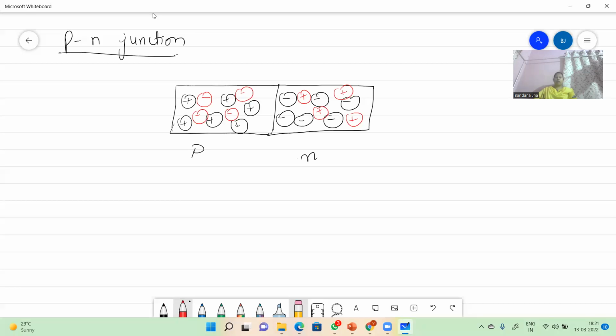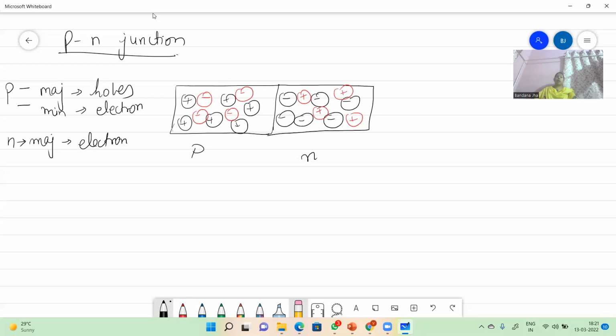So I'm writing it here: in a p-type semiconductor, my majority carriers are holes and my minority carriers are electrons. Whereas in n-type semiconductor, my majority charge carriers are electrons and my minority charge carriers are holes.